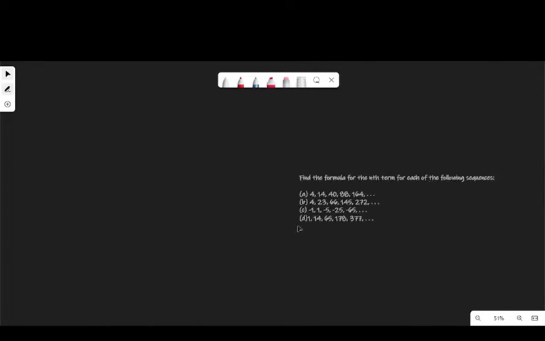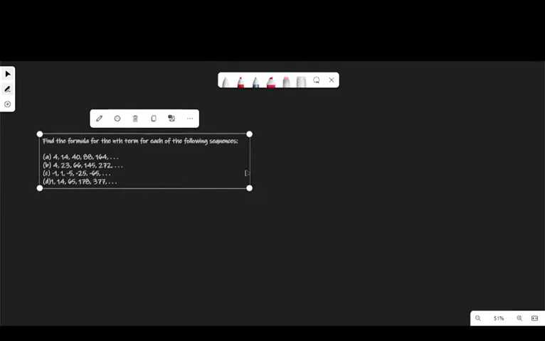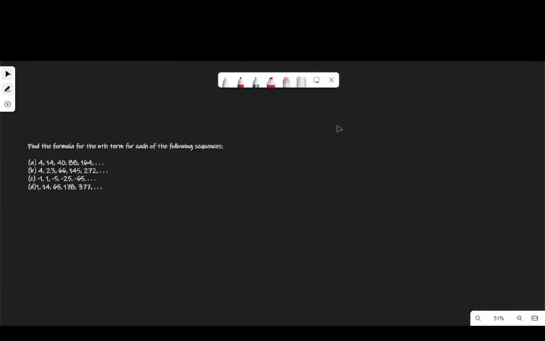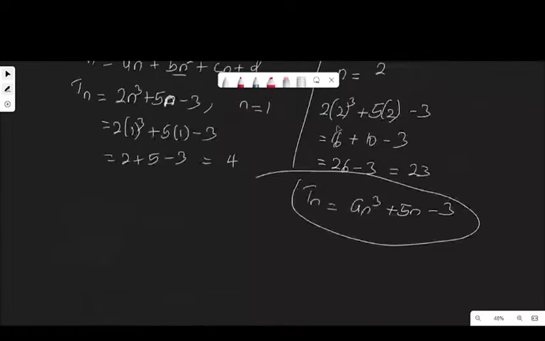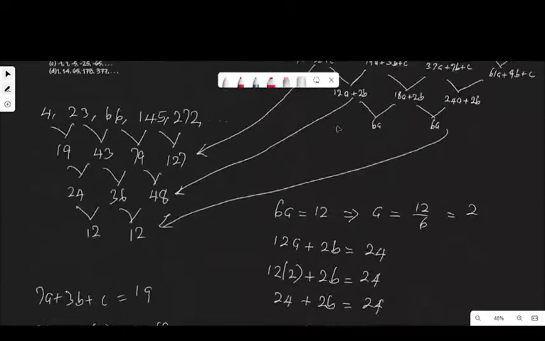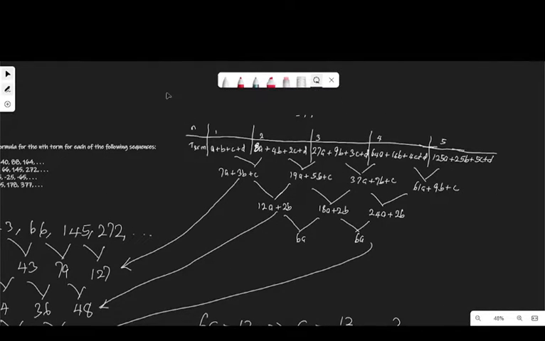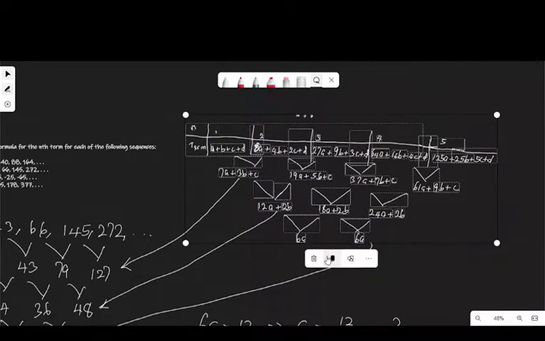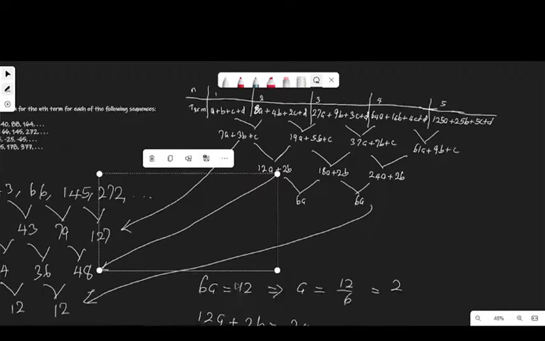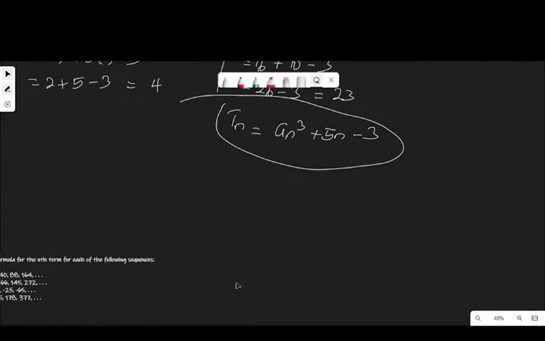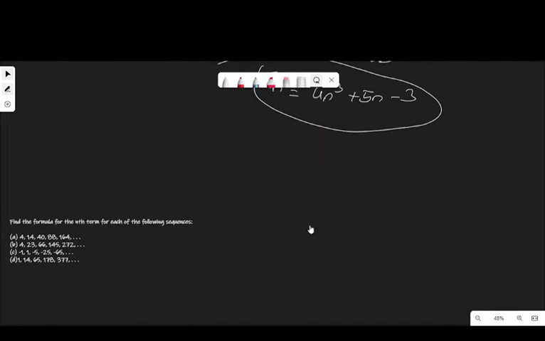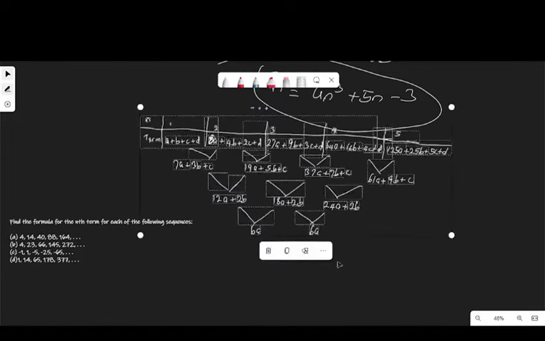This is the question I have to copy. Let's go back and copy. Where's the table? Okay, here it is. Select it and copy it. Okay, so this is the table.